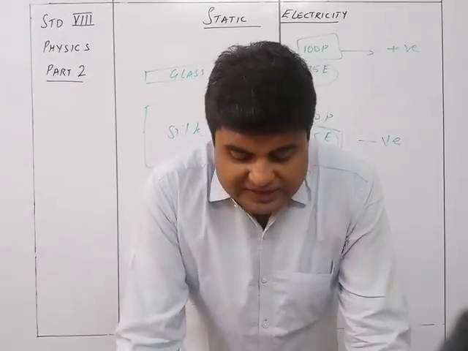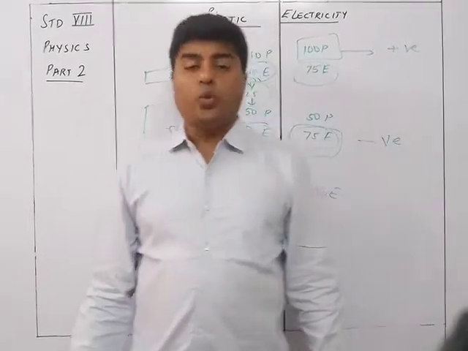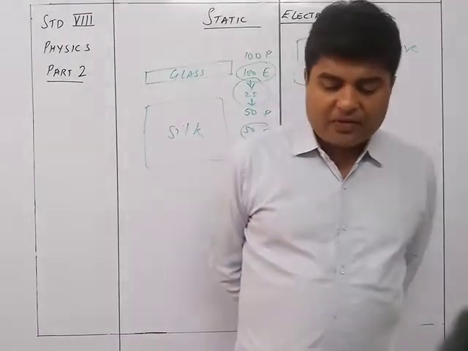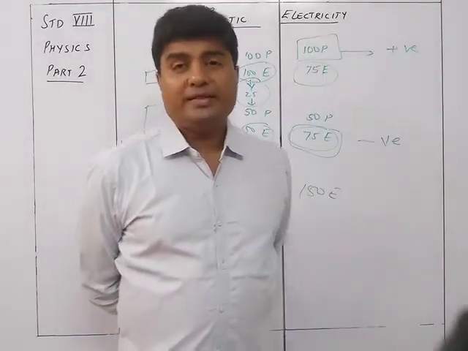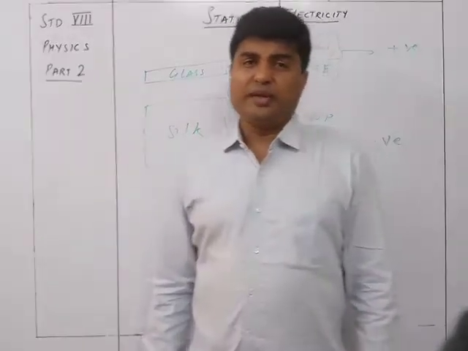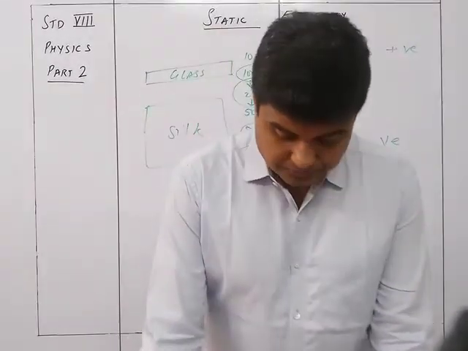But substances such as cotton, rubber, plastic, wood, paper, etc. are insulators of electricity. They do not allow electricity to flow through them. So all these which do not allow electricity to flow through them are called insulators.